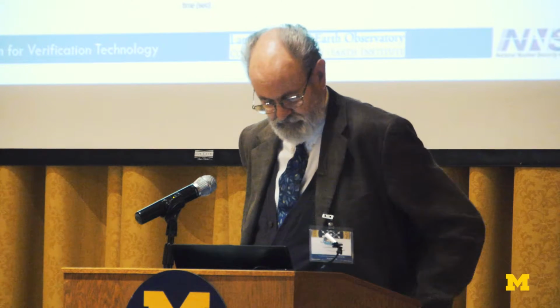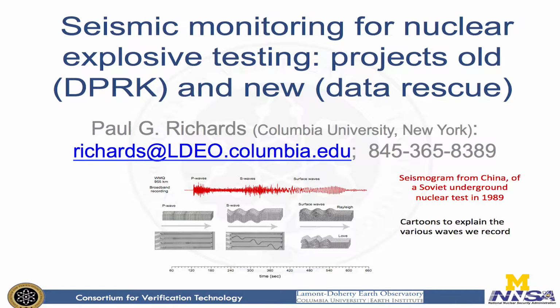Now, to begin, since most of you in the room are not seismologists, let me remind you of the most basic features. Shown is a seismogram recorded in China of a Soviet underground test in 1989.